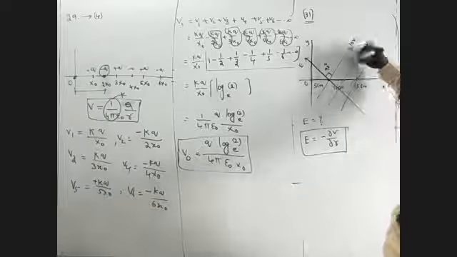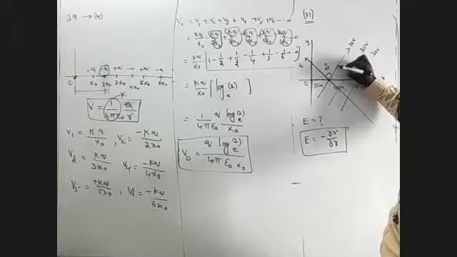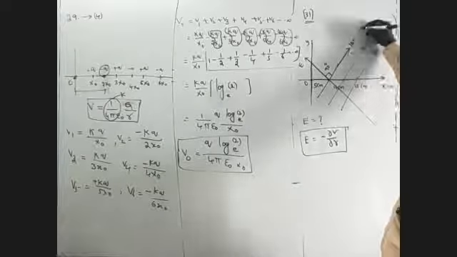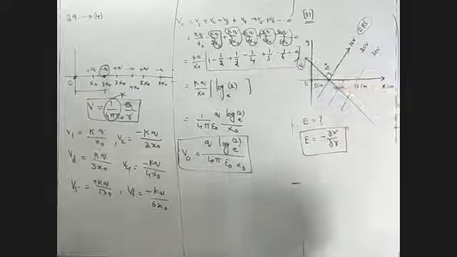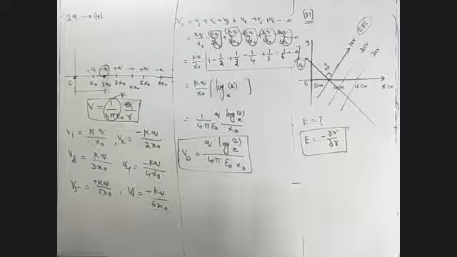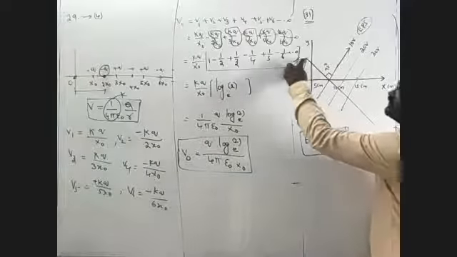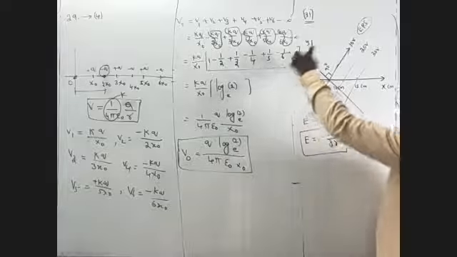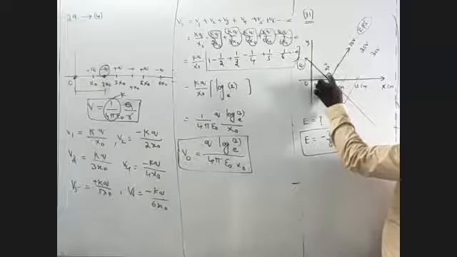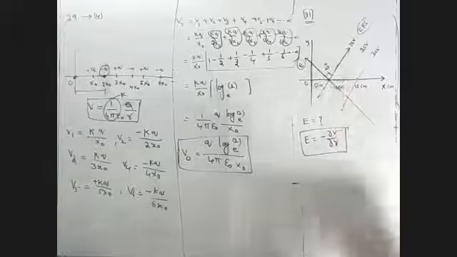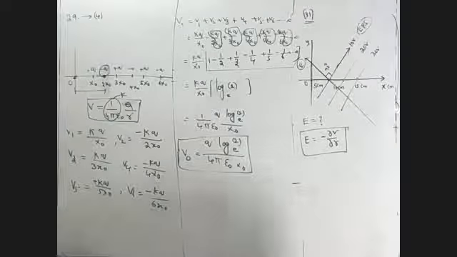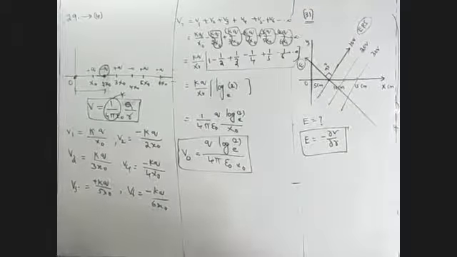This is the equipotential surface line, the EPS line. This is the electric field line, the direction of electric field. What is the angle between E and EPS? 90 degrees. But what is the given data here?